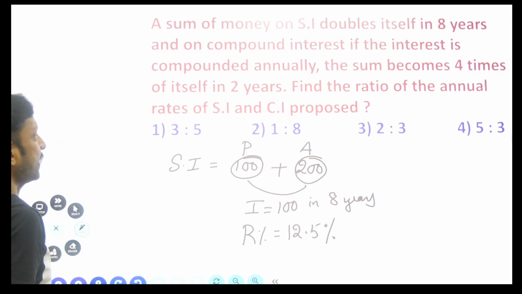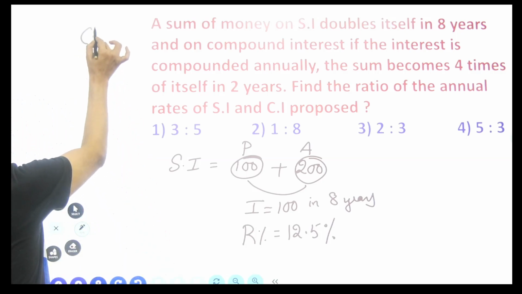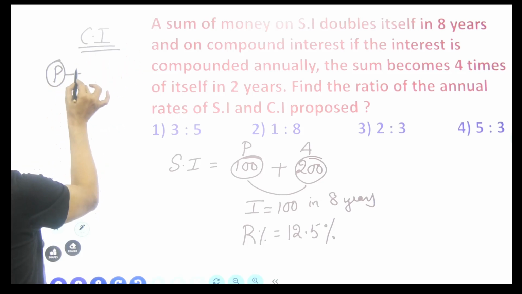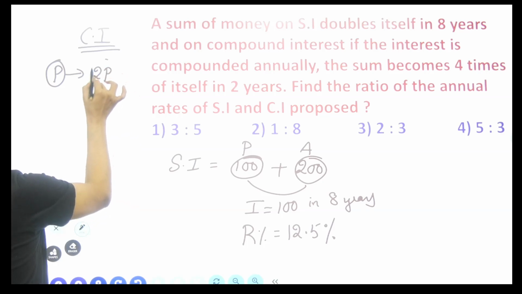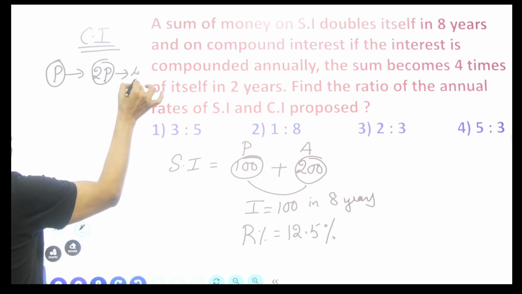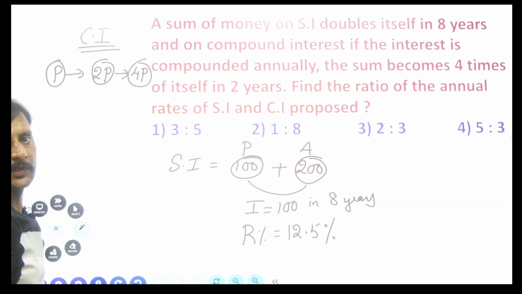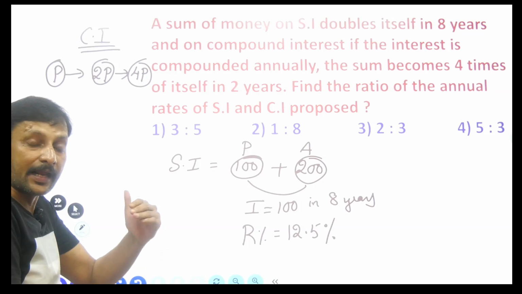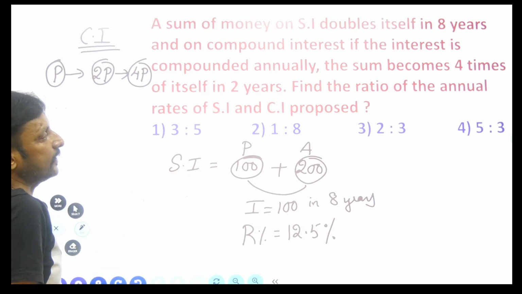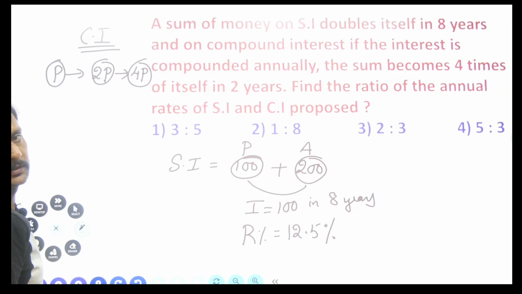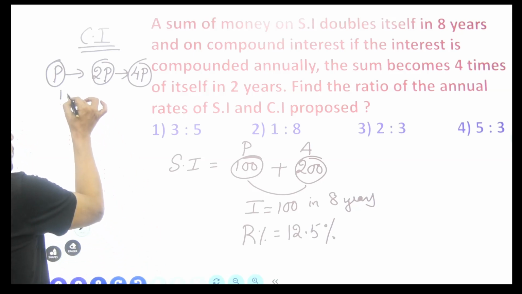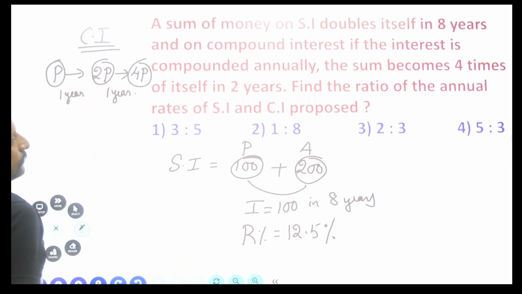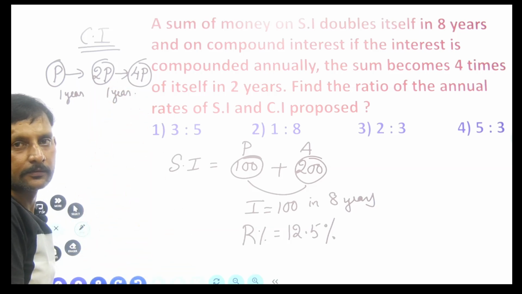And coming to the second statement, according to compound interest, the principal becomes 4 times, double and double. First, the principal becomes double, 2p, and then again becomes double, 4p. For that it took how many years? 2 years. That means the gap here is 1 year. Are you following?